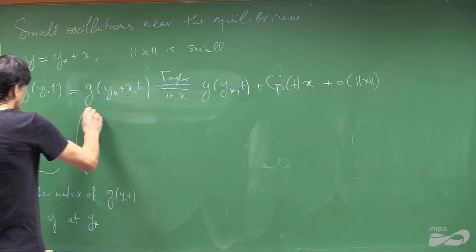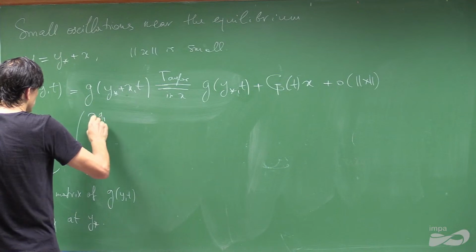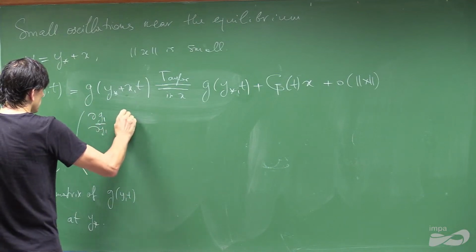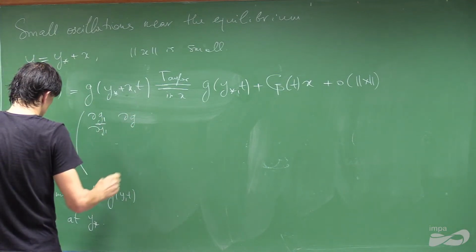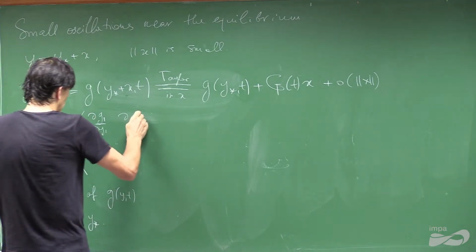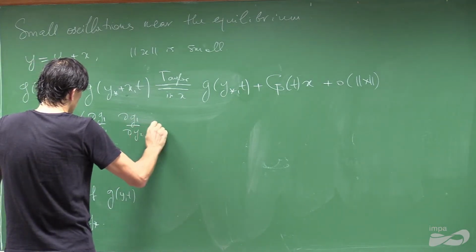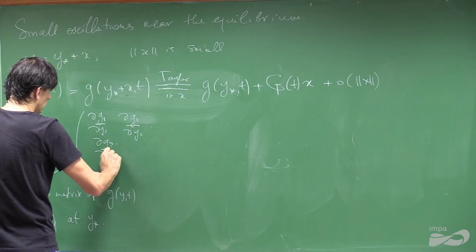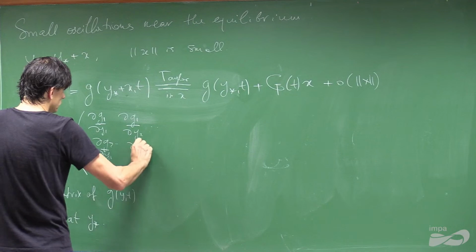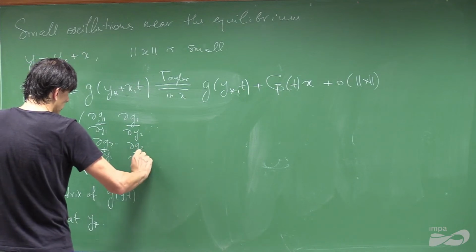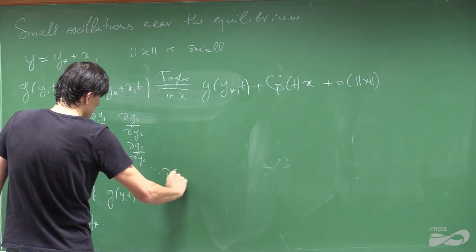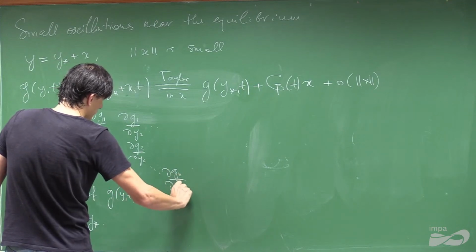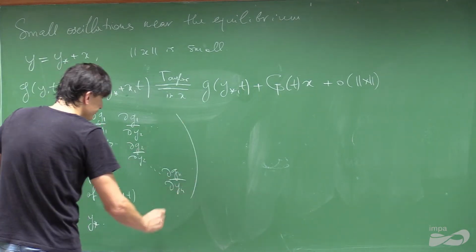So we take dg1/dy1, dg1/dy2, dg2/dy1, dg2/dy2, up to dgn/dyn. So it's an n by n matrix.